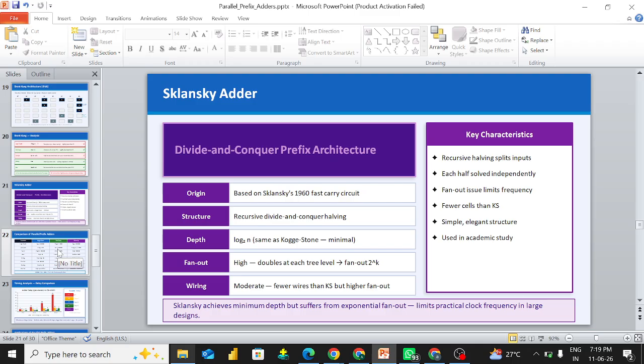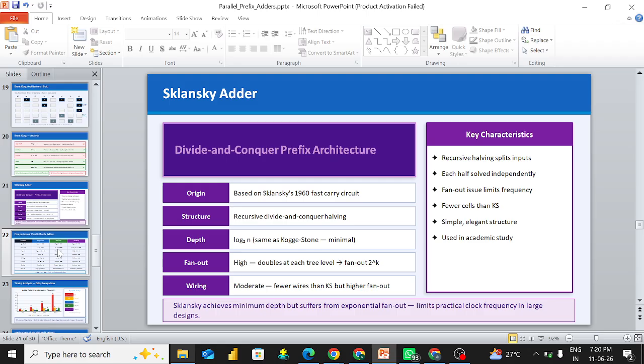If you are going to combine every output of the other levels, obviously your fan out explosion will occur. So the aim of producing your answer quickly will be lost, right? That is what's called practical frequency reduction: the frequency at which your answer may be generated will get reduced. So that is the thing happening inside this.